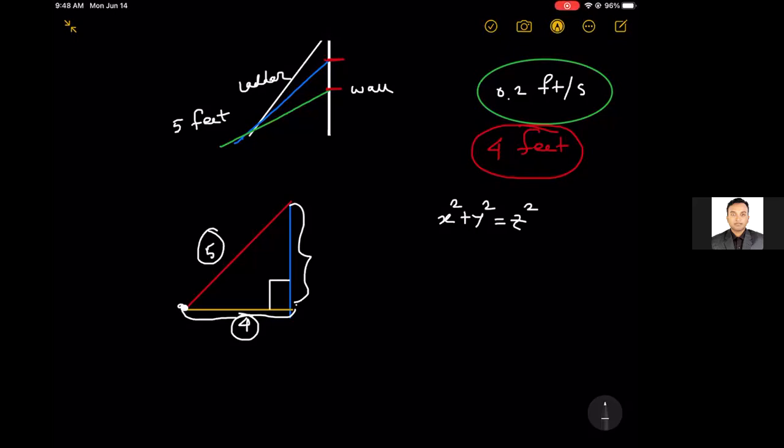So if I do that, let's say that's my x from the ground, that's my y, the height from the ground, this is the foot of the ladder from the wall, this is the length of the wall, and z is actually the length of the ladder, right? We know the Pythagorean theorem, right?